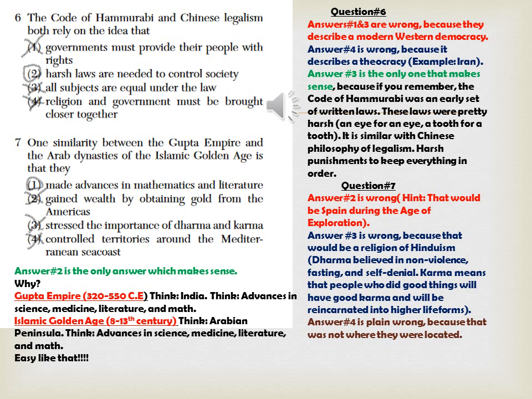When you guys take United States history, you are going to learn about those democratic principles. But let's see. Answer number 4 is wrong because it describes a theocracy. Religion and government must be brought close together?